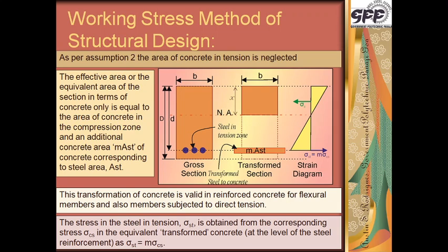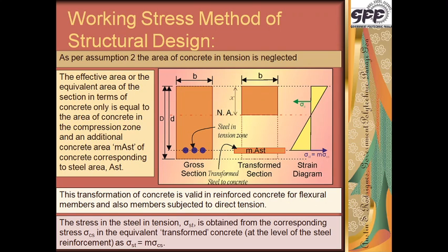And also observe another thing. The steel in the tension zone has been converted into an area of concrete. It has been transformed into that much amount of area of concrete. Now how much is it? As we have seen in flitched beams, it equals the modular ratio multiplied by the area of steel.